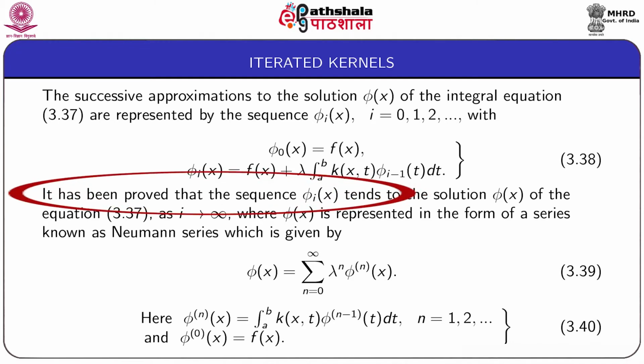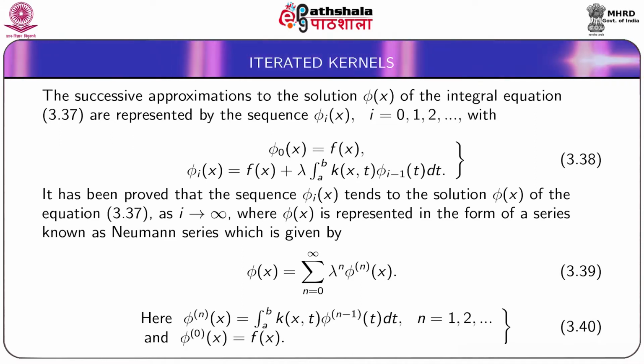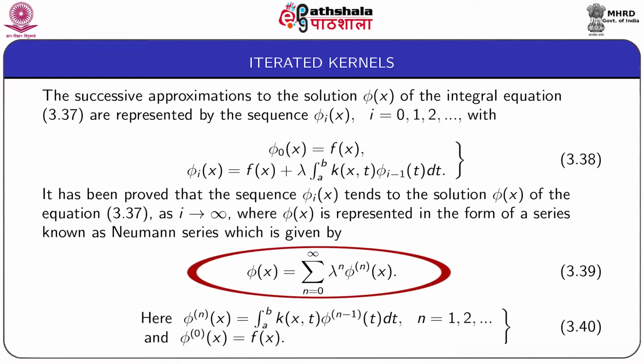It has also been proved that the sequence phi_i(x) tends to the solution phi(x) of the equation 3.37 as i tends to infinity, where phi(x) is represented in the form of a series known as Neumann series, which is given by phi(x) equal to summation n equal to 0 to infinity lambda to the power n phi superscript n (x), as given by equation 3.39.